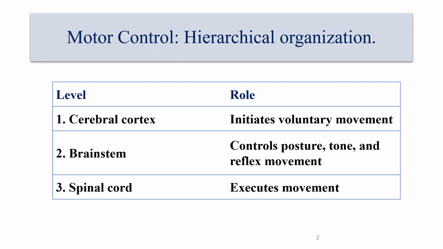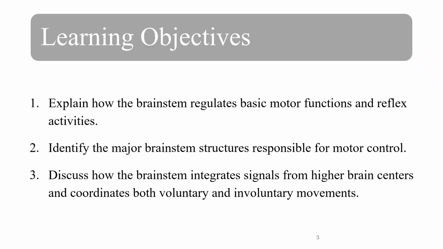Regarding the hierarchical organization, you should know that the cerebral cortex is responsible for the initiation of voluntary movement, while the brainstem controls the posture, the tone and the reflex movement, and the spinal cord is important for the execution of the movement.